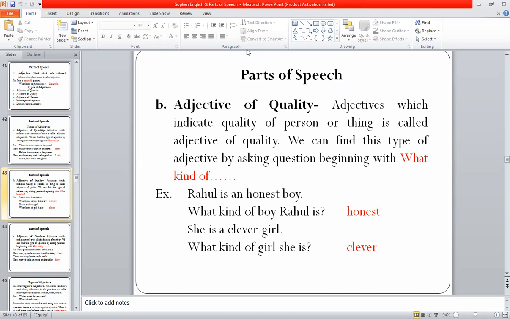What type of quality that person is having, what type of quality that object or thing is having, it will inform about that. That is why it is called adjective of quality.